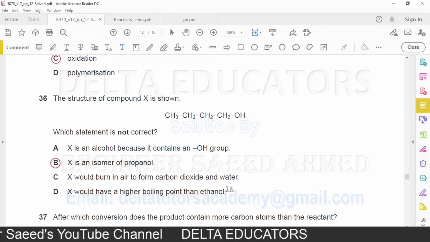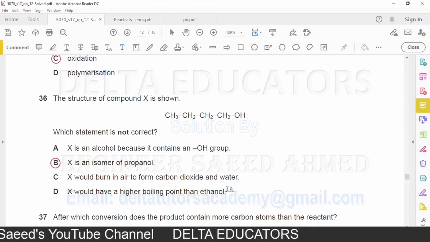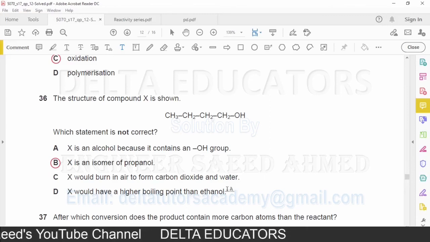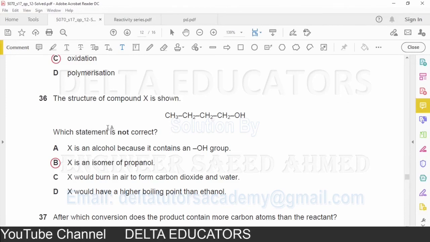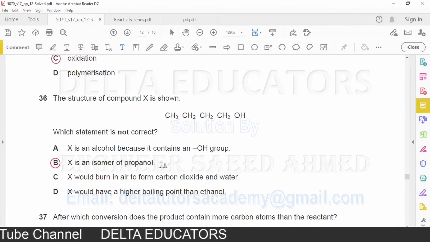So option D is also correct. The only incorrect option is option B, where it is given X is an isomer of propanol. So here our correct choice is option B, because it is given which statement is not correct. So the statement given in option B is not correct. So correct option, option B.